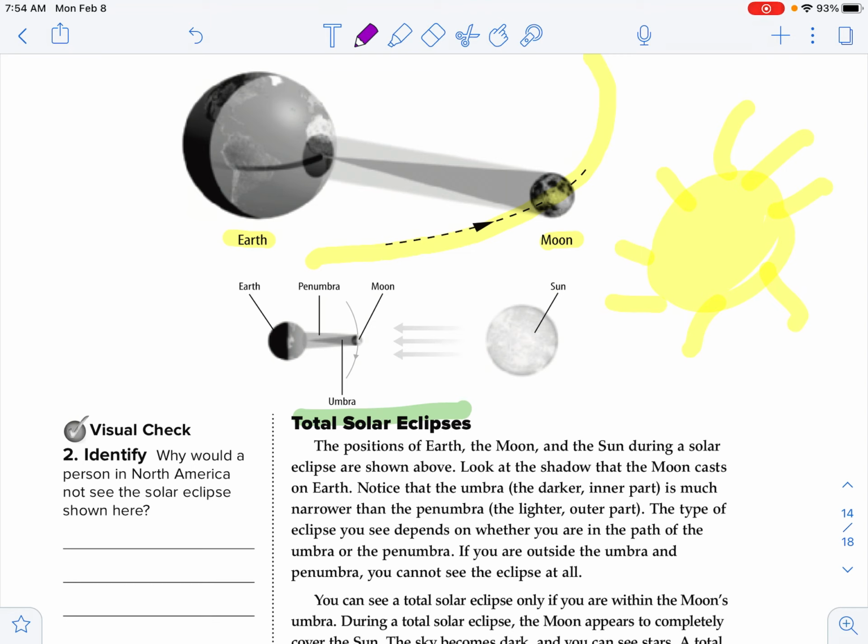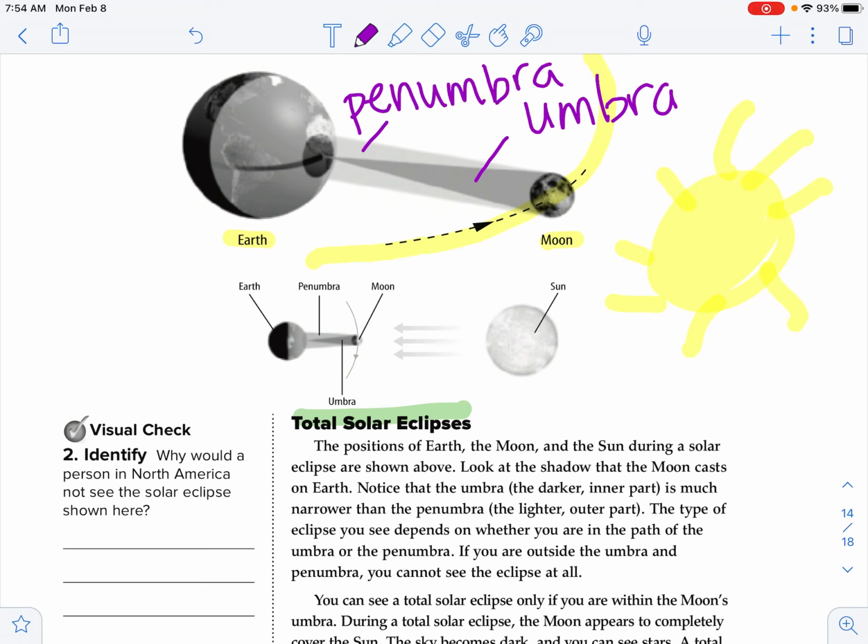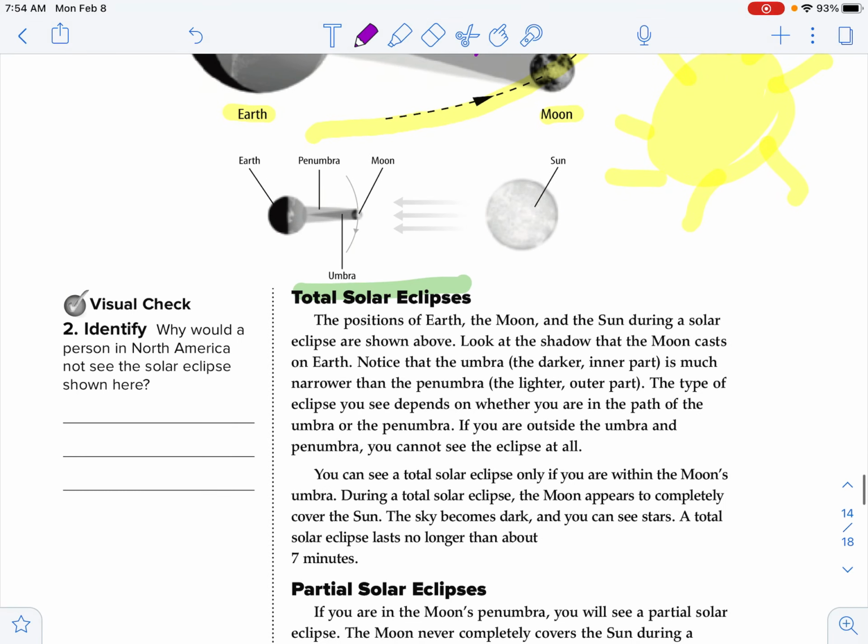So what we're looking at right here, this is our umbra, the darker inner part, and then this is the penumbra. Look how teeny little bit here on Earth is actually in the umbra of that eclipse. Okay, so that's going to be important here.